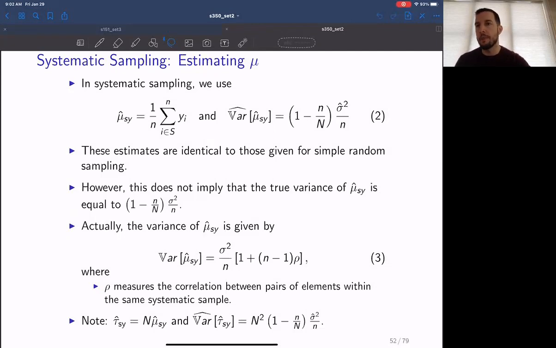You can see that this estimate is a function of rho, which measures the correlation between pairs of elements within the sample. It's a correlation measurement that determines how similar two observations are within the sample that we have collected.